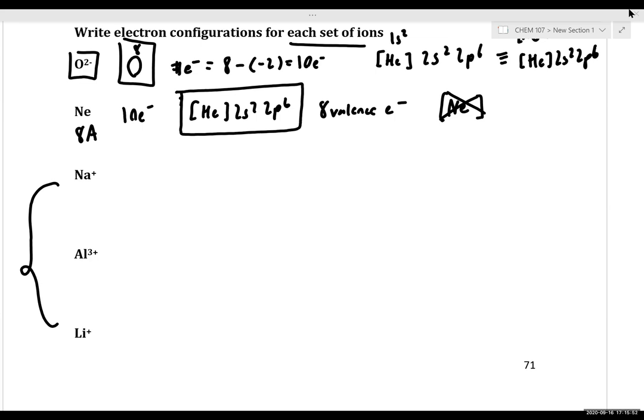And as I notice in the chat, students are starting to see that some of these ions have the exact same configuration.